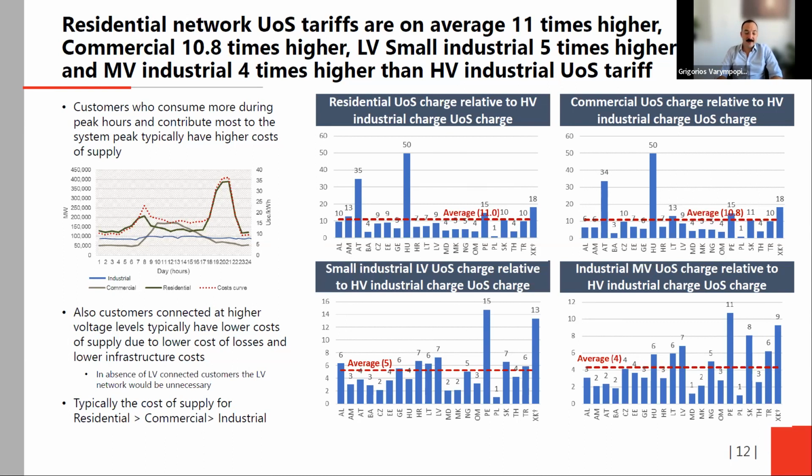So if there weren't residential customers, for example, we wouldn't need the LV network. So those connected at the LV network should be paying for that. And also because typically smaller customers contribute more to the system peak where costs are concentrated.